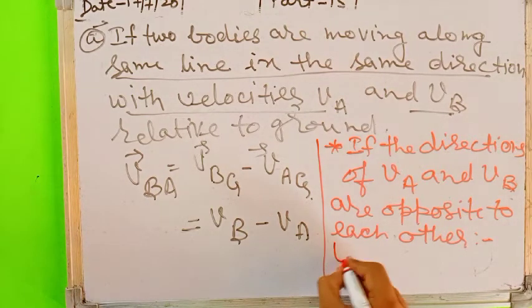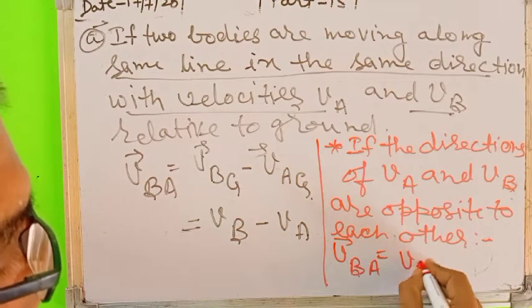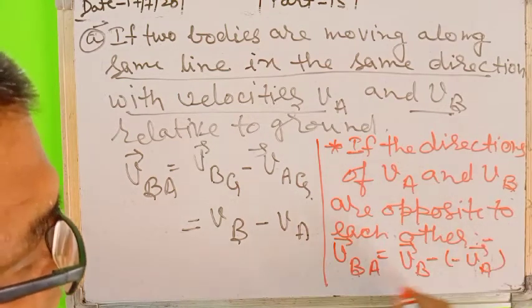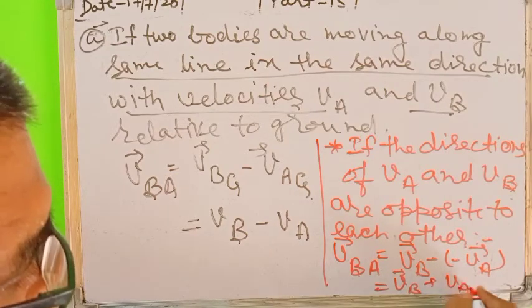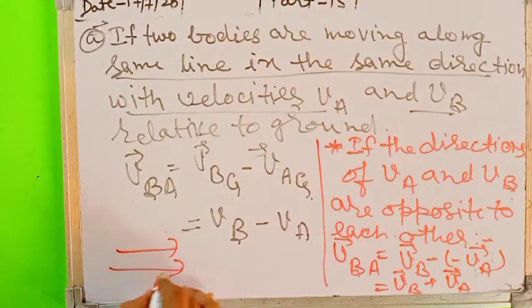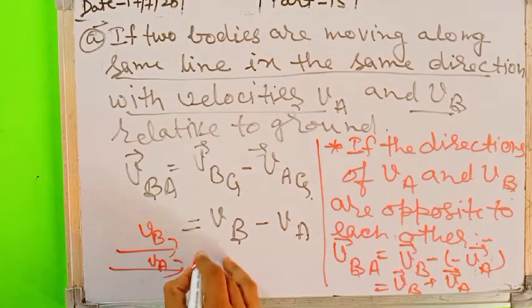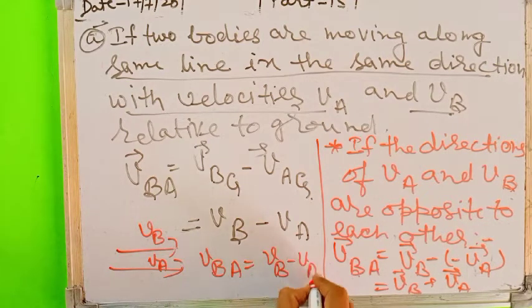Then VBA is equal to VB minus minus VA, and it can be written as VB plus VA. Means if they are moving in the same direction, then this is VB, this is VA, then VBA is equal to VB minus VA.